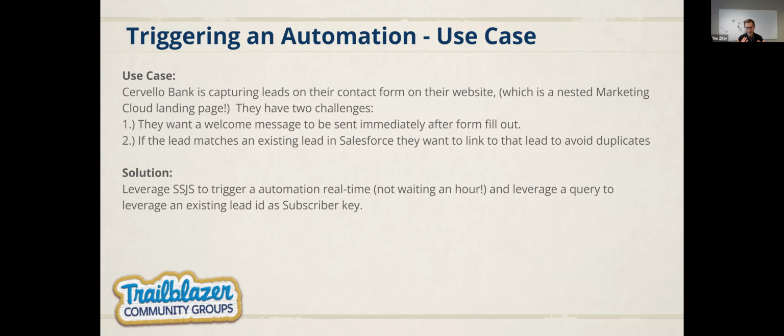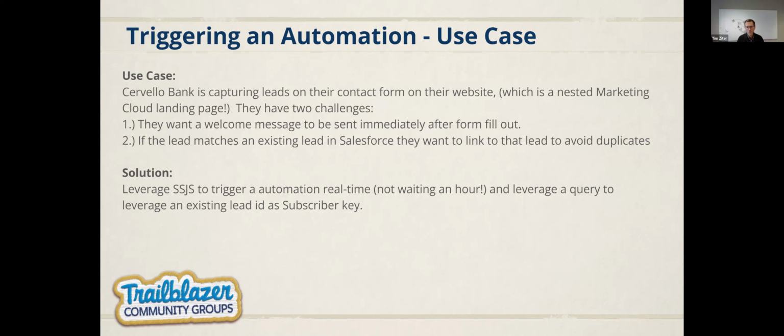One, they want to send out this welcome email message to those leads that sign up immediately after the form fill out. And then they also want to match, if somebody fills in this form and they are an existing lead in Salesforce, they want to match to that record so they don't have to pay for an additional record within Marketing Cloud and or add an additional duplicate record in there.